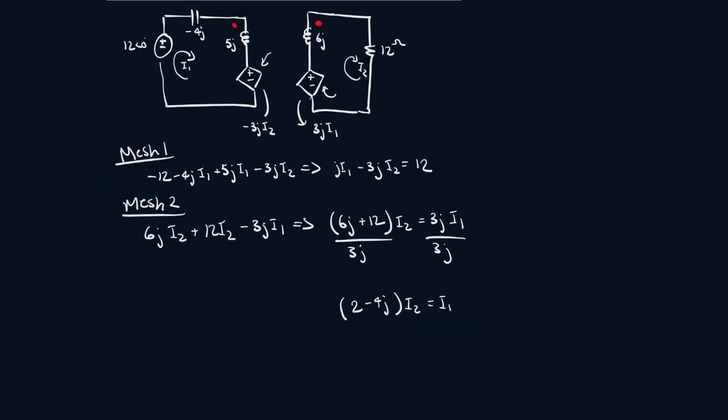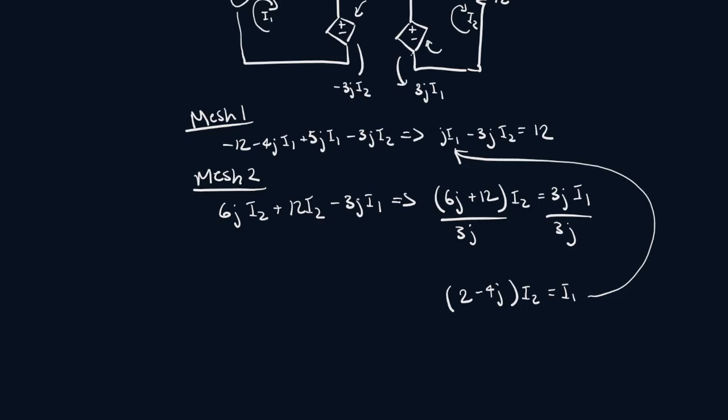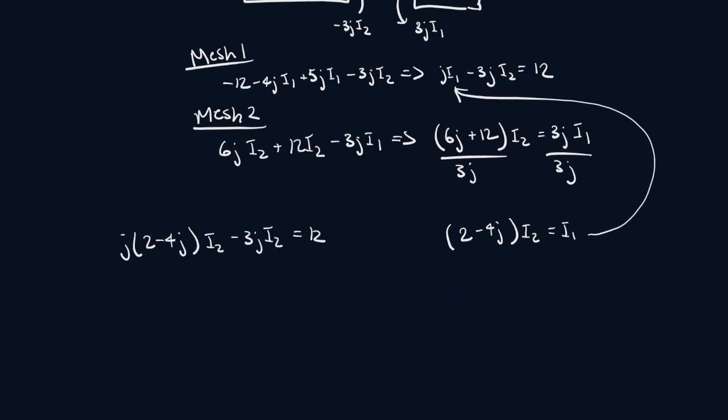Now we can plug I1 into here. So it's going to be (2j minus 4j) I2 minus 3j I2 equals 12. We can factor out the I2 from here and then FOIL the j across.